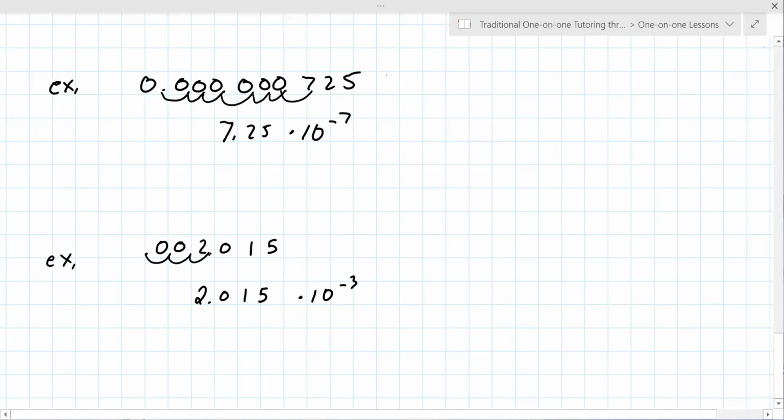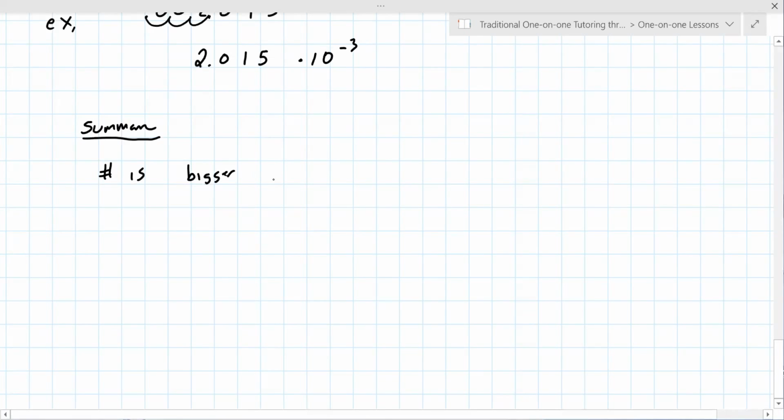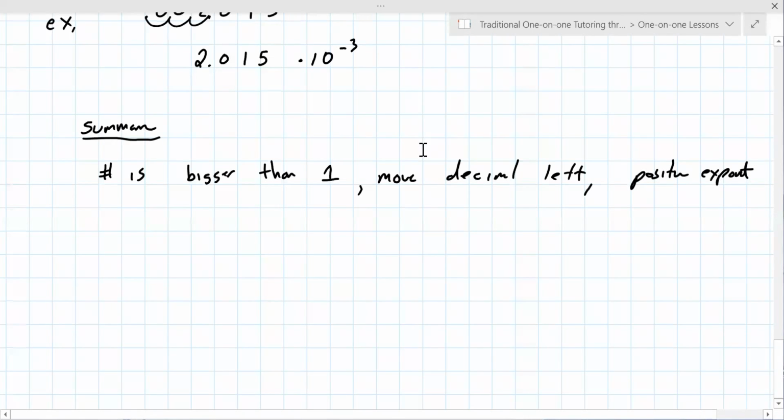Okay. So if we're summarizing, I think this would be good to do, and then we'll do a couple of examples here. If the number is bigger than 1, you move the decimal left and you get a positive exponent. That's what we did first. Those were the first examples.